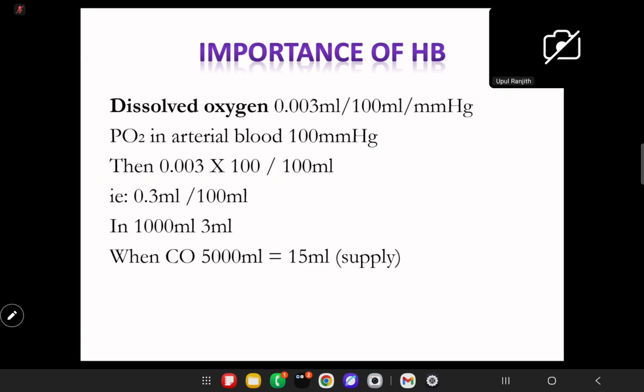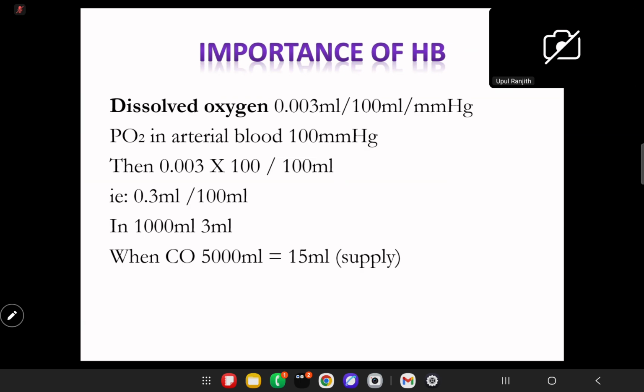That is in 100 ml. So you have to convert it to 5,000 ml, which is the usual cardiac output at rest in an average adult. So 0.3 ml in 100 ml, then in 1,000 ml it is 3 ml.